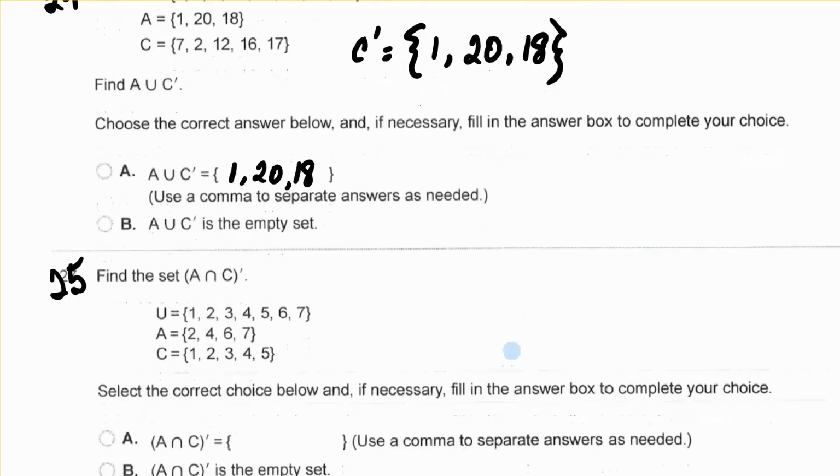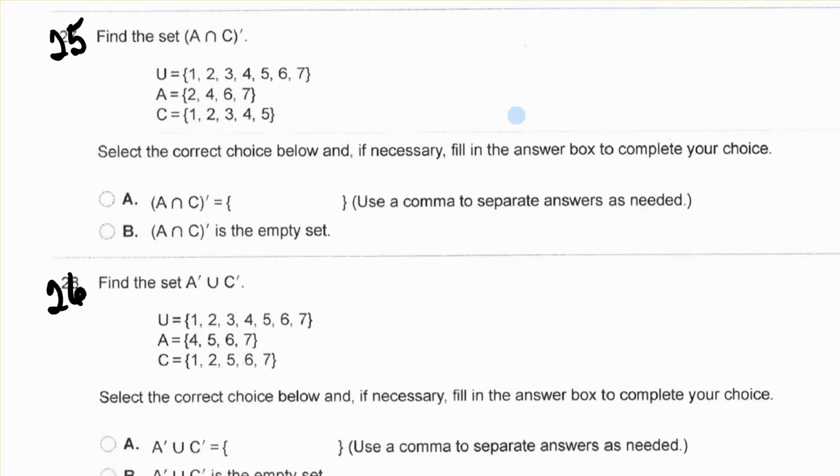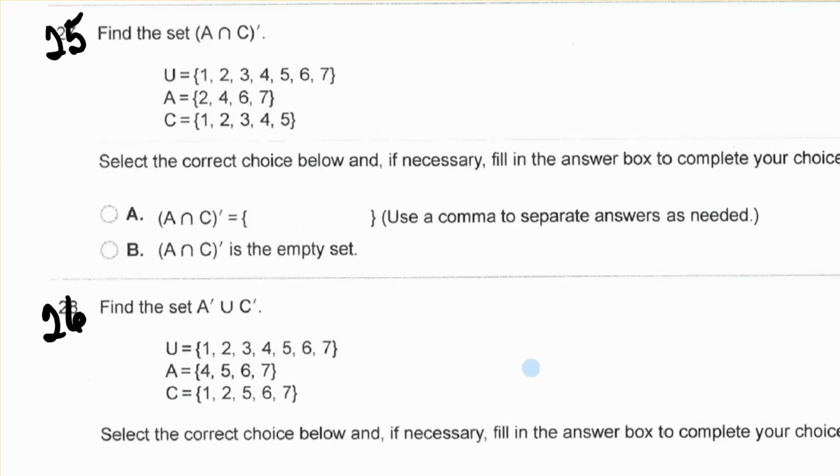All right. Number 25. A intersect C complement. So I think I'll find A intersect C first and then find the complement of that. So A intersect C will be, they have a 2 in common. They have a 4 in common.